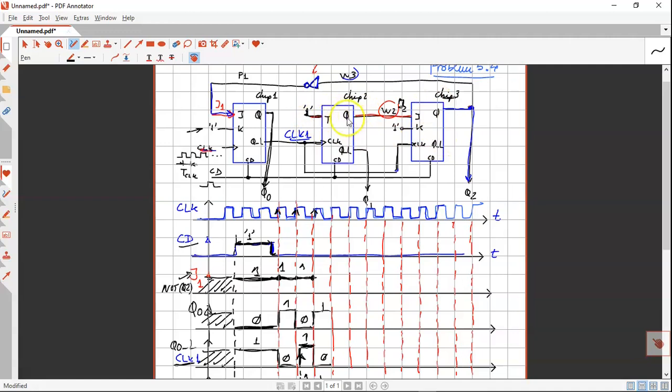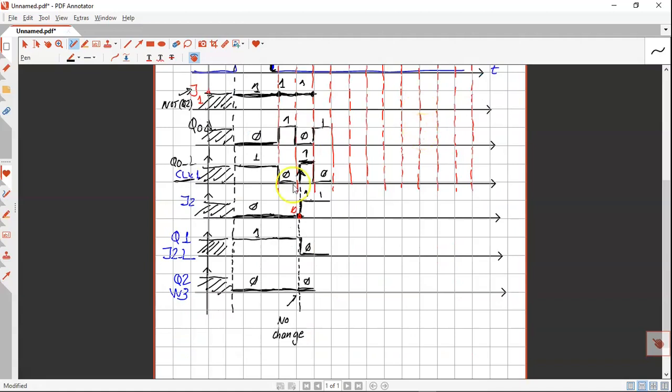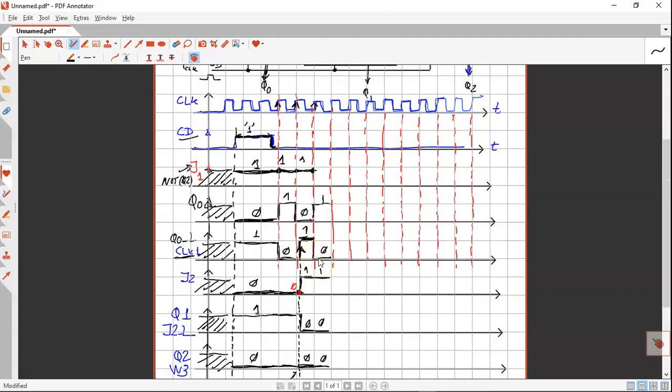So if nothing has happened in the J2, nothing has to happen in the Q2, because it's the output of the chip 3 that is driven by the same clock. So if nothing has happened here, you keep the value, this one has to be kept the same, 0 and 0. So if this is 0, you have another clock, another one up there. All right, and this one now is sampled again.